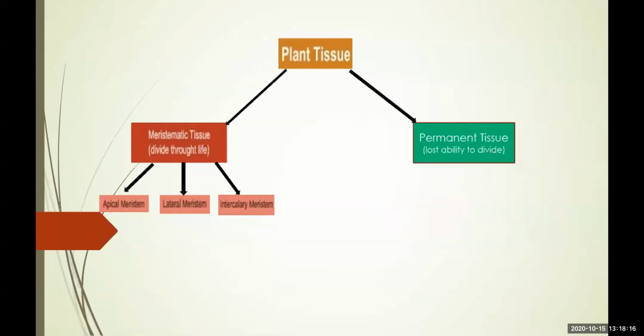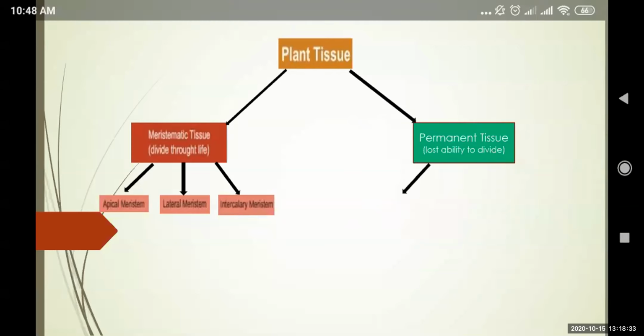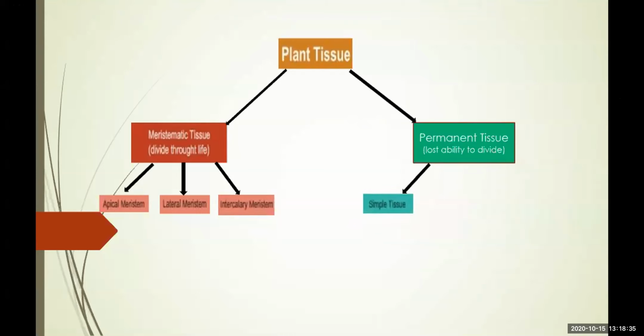These are called permanent tissues because after the differentiation of the cell to perform specific functions, this tissue loses the ability to divide and redivide. Hence, they are called permanent tissues. In this, we have simple tissues. Again, simple tissues are of three types.